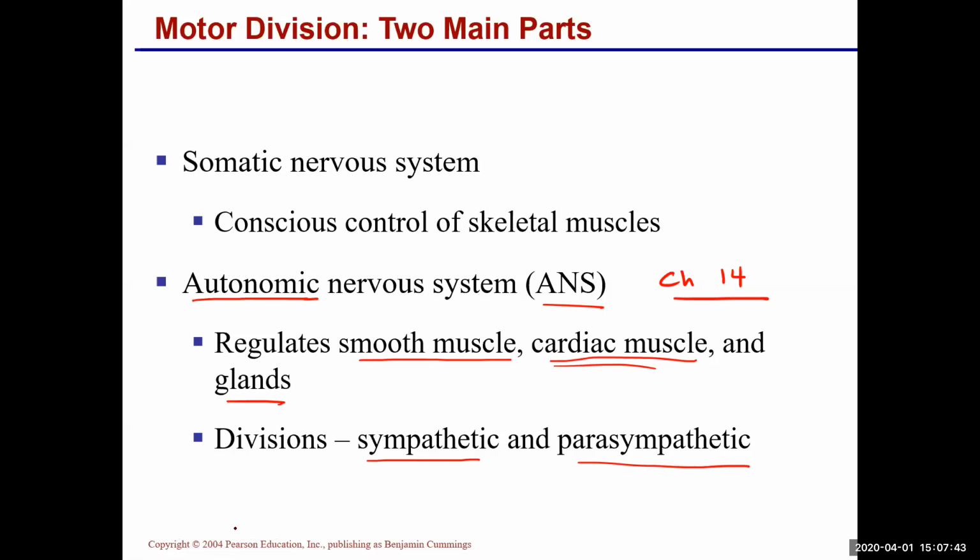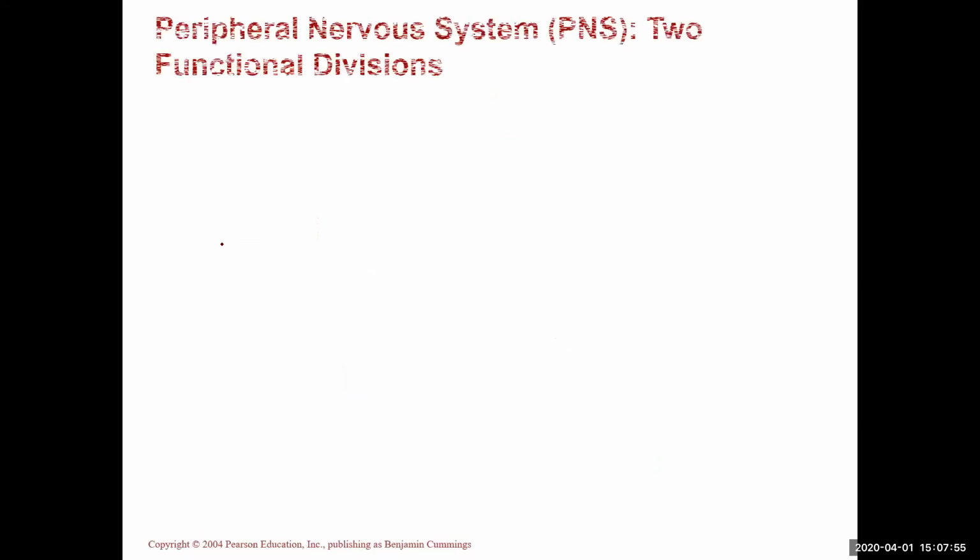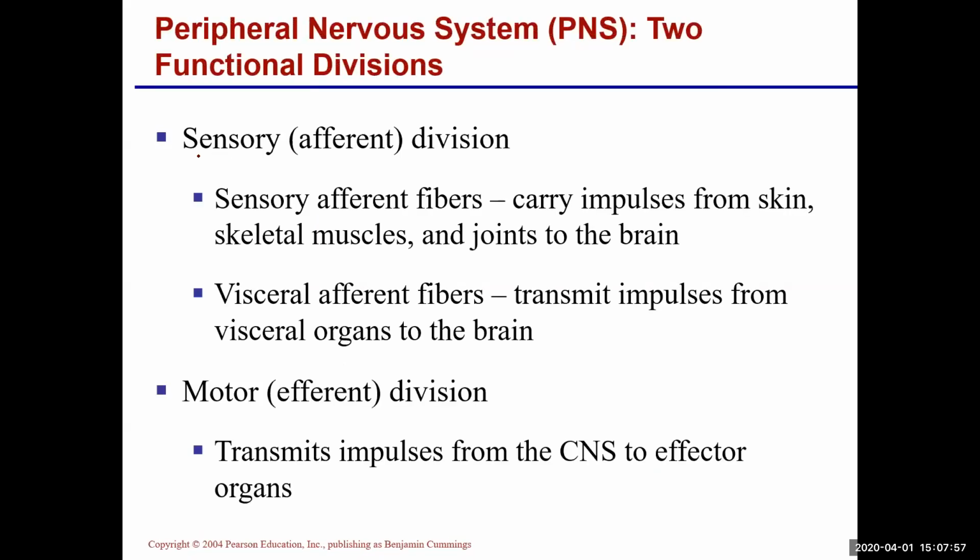All right, so just a quick note, going back to our earlier discussion about the peripheral nervous system. We discussed the afferent division, or sensory division. These are sensory neurons. And then there is a motor, or efferent, division.